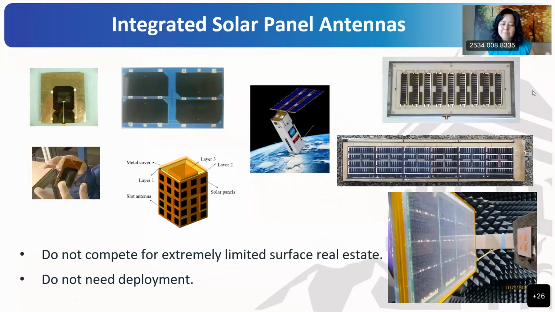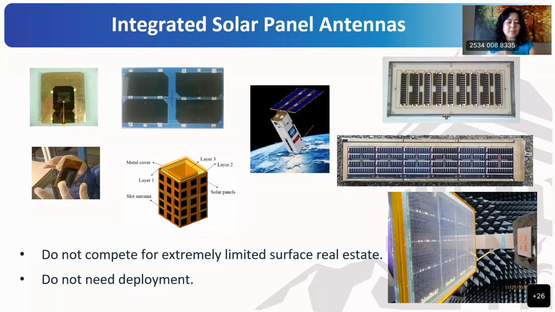One answer, and I'm sure you will come up with many other answers, is that we integrate the antennas with the solar cells. Let's co-use the space. Here are some examples that we have looked into and worked out.